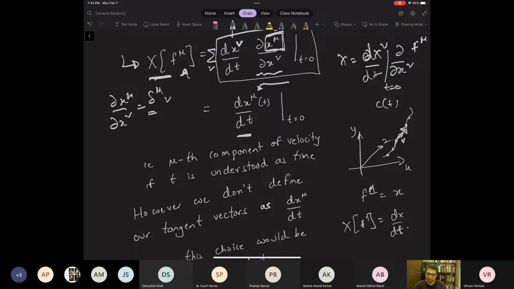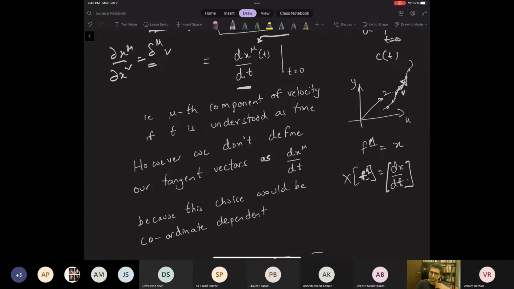But we don't define our tangent vectors as this dx by dt, because that would rely on the choice of these functions f. And these functions here we made a particular choice where we chose them to be coordinate functions. But we want a definition that doesn't rely on coordinates. So we define the operation x itself to be the vector, rather than dx mu by dt to be the vector. The operation x itself does not rely on any coordinate system.